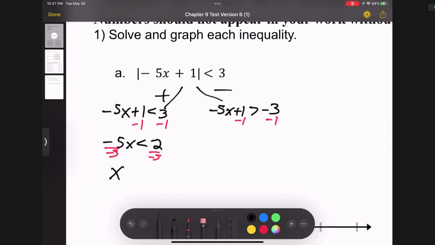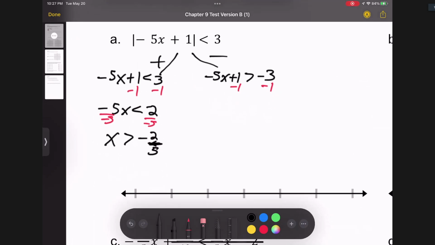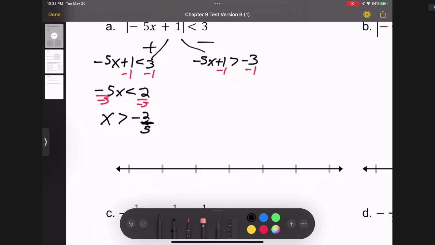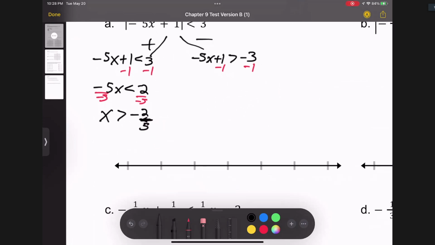This will be x is greater than -2 fifths. We will be going this route to -2 fifths, and we are going to be increasing in value, so going in this direction.